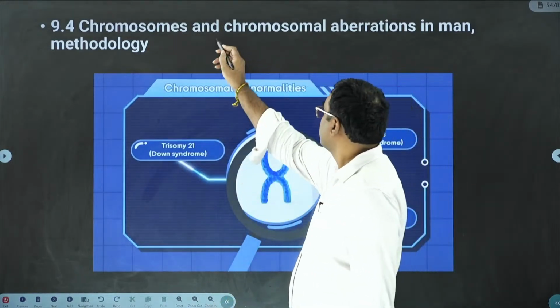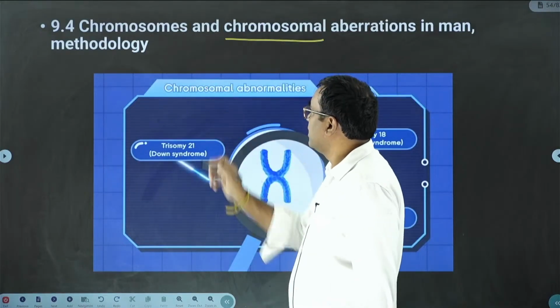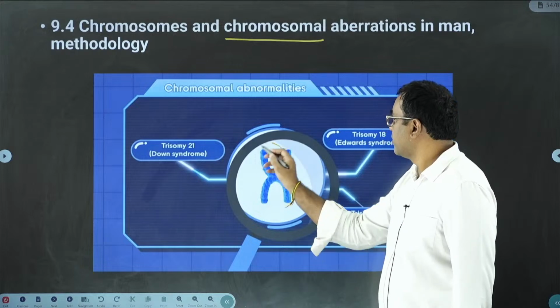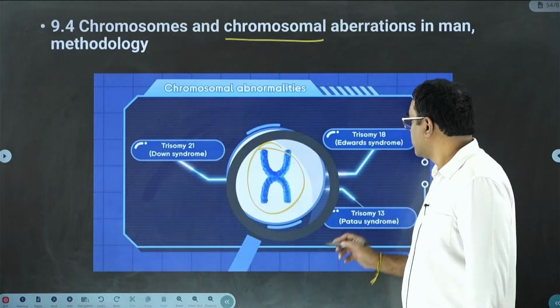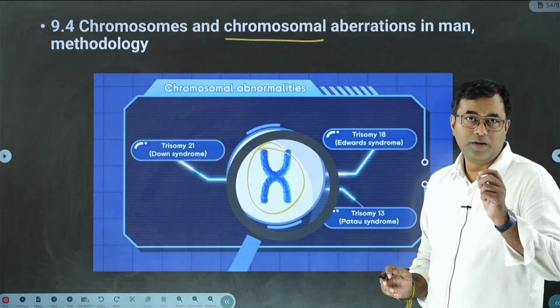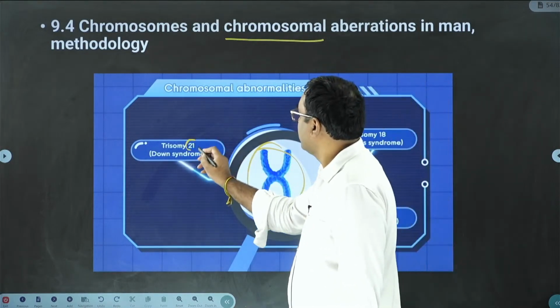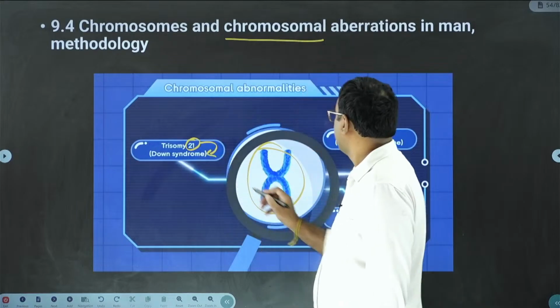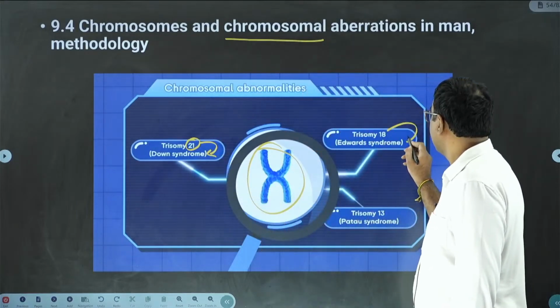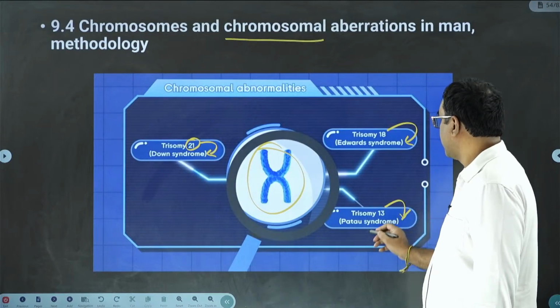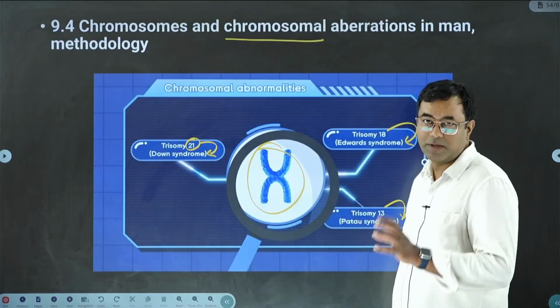Next, chromosomes and chromosomal aberrations in man and methodology. So that means if you consider this is one of the chromosomes, and there is one problem in any of the chromosomes. So if you consider trisomy in 21, Down's syndrome, and trisomy in 18, Edwards syndrome, and trisomy in 13, Patau syndrome. So these are different types of chromosomal conditions.